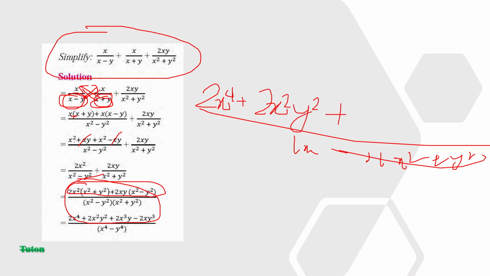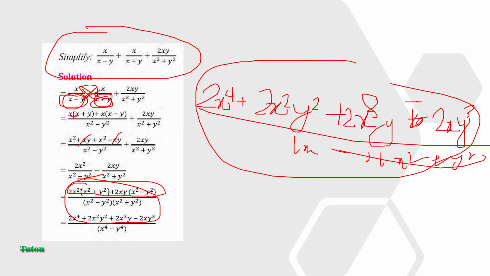And 2xy multiplied by x squared gives 2x cubed y, and sorry, it's a negative, and 2xy multiplied by y squared would be 2xy cubed. We cannot cancel any terms, so this is our final answer.